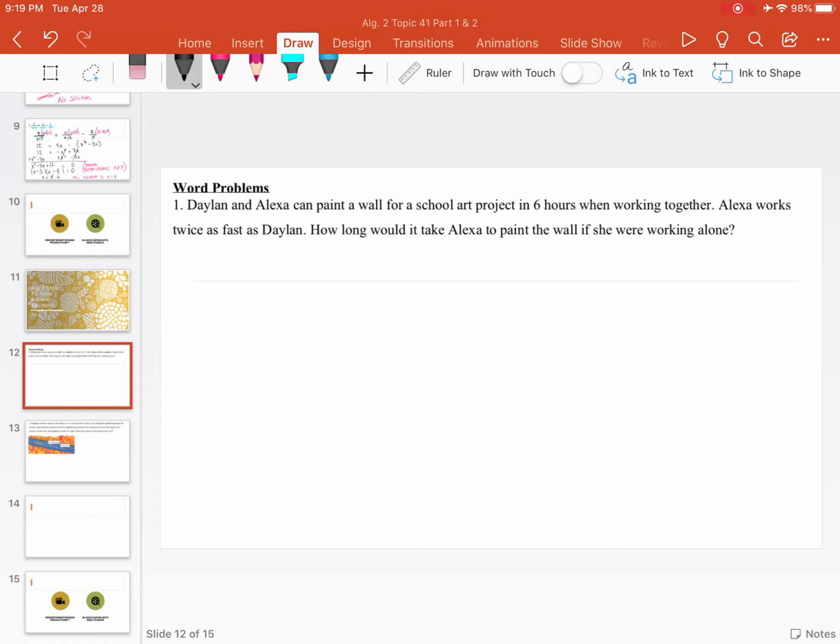So something that I've personally noticed when dealing with rational equations, and specifically word problems for solving rational equations, is that they often deal with rate, because rate can be expressed in a fraction or in a ratio. So dealing with this problem, we're dealing with the work rate for both Dalen and Alexa.